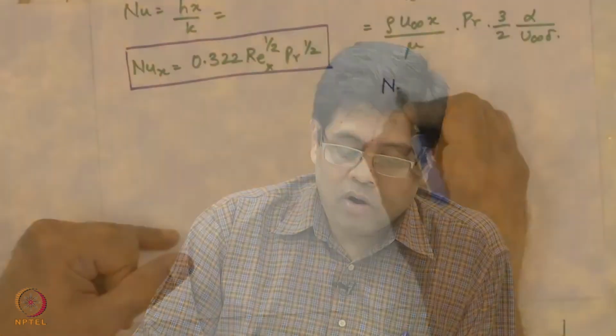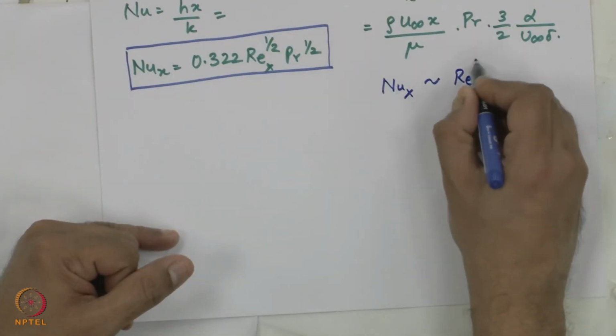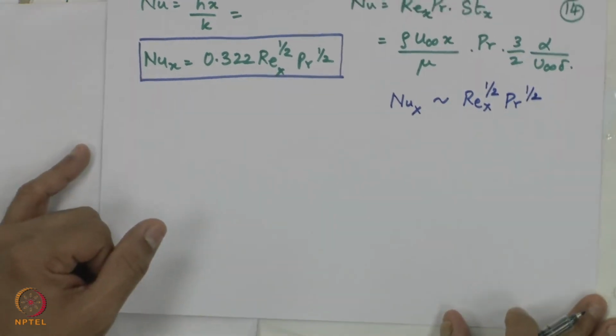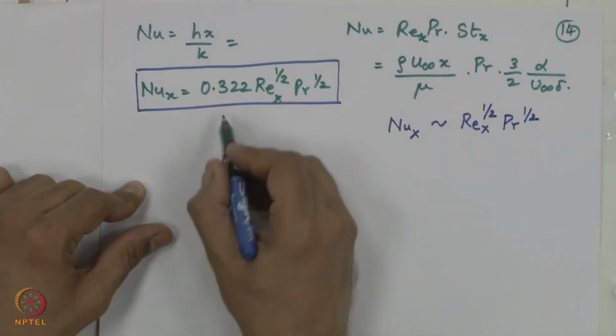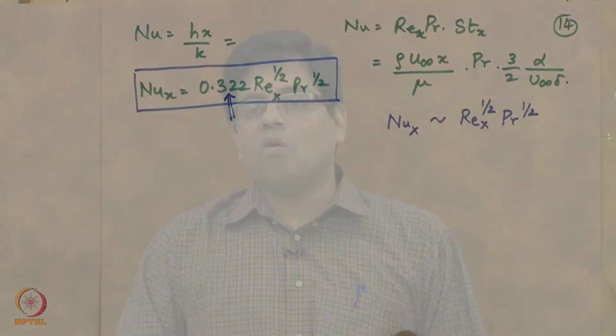What is important here to note, I will just say, in your scaling analysis for Prandtl number of the order of 1, you got Nusselt number is going to scale as Re to the power half Pr to the power half. The beauty of integral method is the following: you get this coefficient very easily with a third order polynomial and couple of simple assumptions which anyway did not alter the difficulty of the problem significantly.